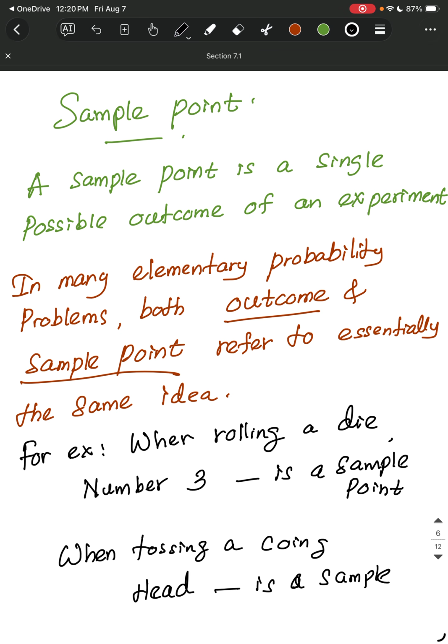Simply, as we discussed, just a single possible outcome of an experiment is called a sample point. Both outcome and sample point refer to the same idea. If it says outcomes, plural, that means all the outcomes, not only a single one.